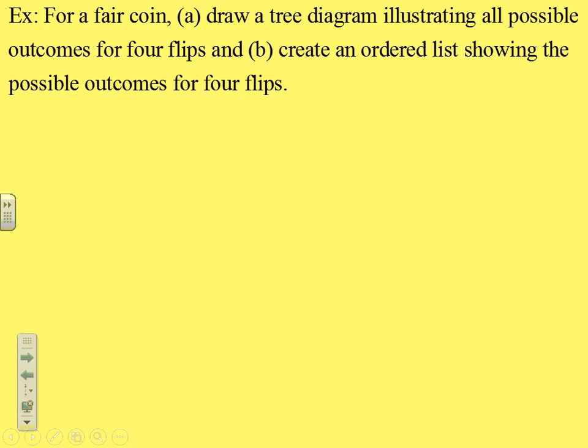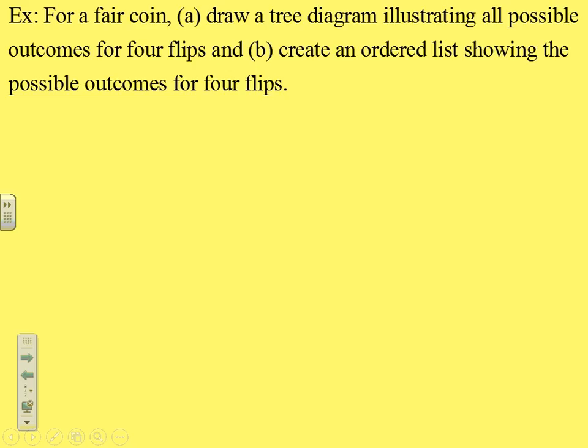For a fair coin, we're going to assume for this example that it's evenly balanced, so if I flip it 100 times, I would probably get 50 heads and 50 tails. Theoretically we could say the quarter is not quite evenly matched, but for this example, we're going to say it's evenly balanced, so it's a fair coin.